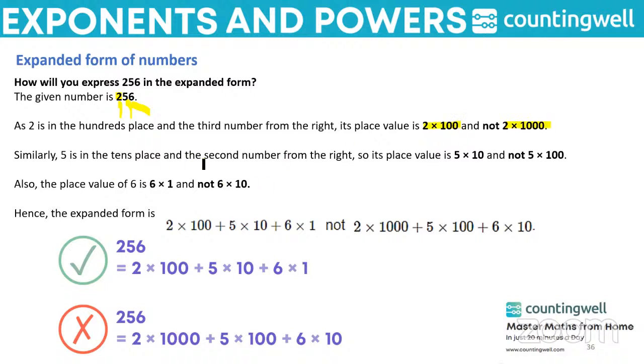Also 5 is in the tens place, which is the second number from the right. So its place value is 5 into 10 and not 5 into 100. Place value of 6 is 6 into 1 and not 6 into 10. Hence the expanded form is 2 into 100 plus 5 into 10 plus 6 into 1, and not 2 into 1000 plus 5 into 100 plus 6 into 10.